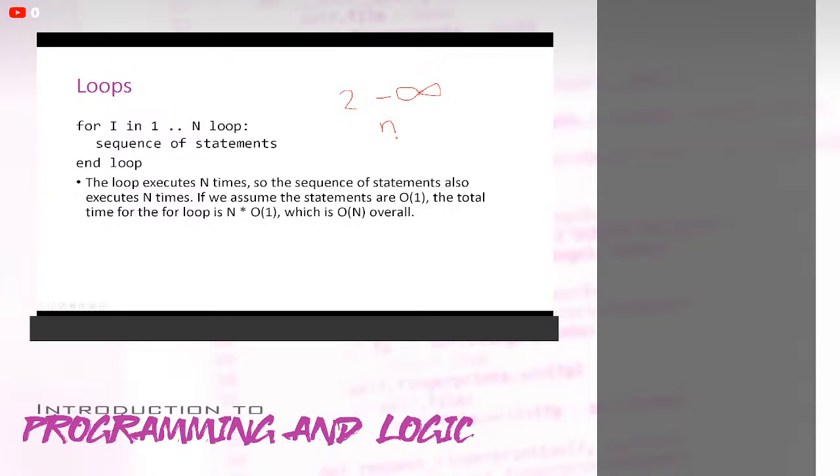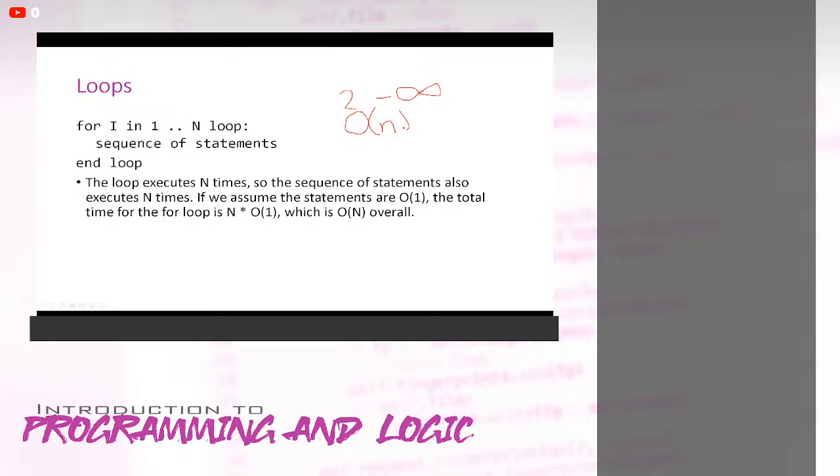So a loop is always going to add an O of n complexity to your programs, because that loop is going to execute n times.